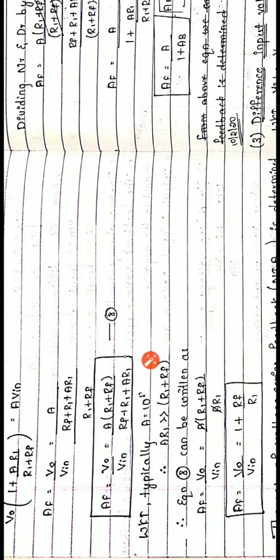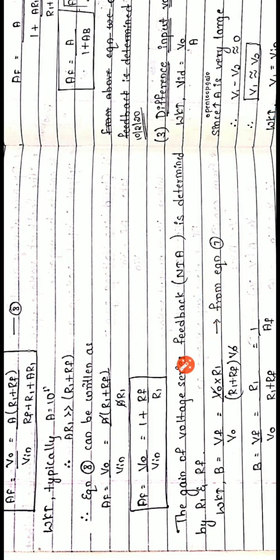Then this complete term is replaced by AR1. So equation 8 becomes A into bracket of R1 plus RF divided by AR1, because these two terms RF plus R1 are cancelled. Now A will get cancelled, and we get AF equals 1 plus RF by R1, which was explained in the introduction part, that AF is nothing but 1 plus RF by R1.